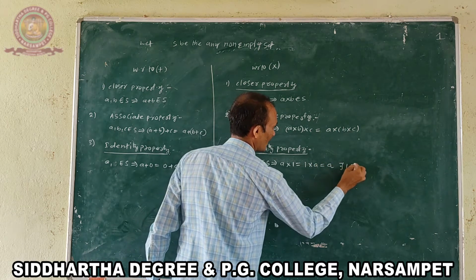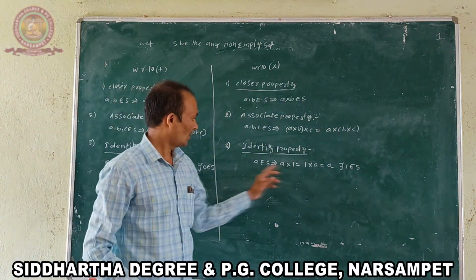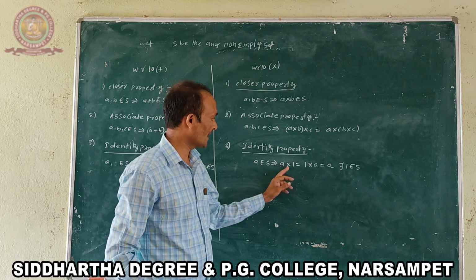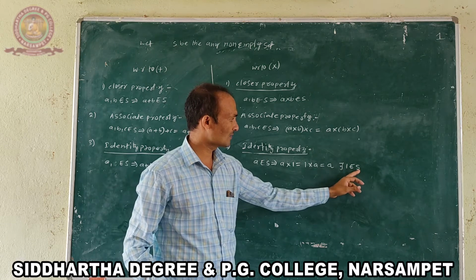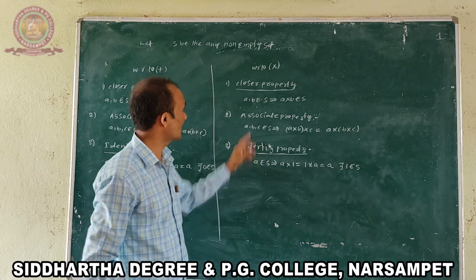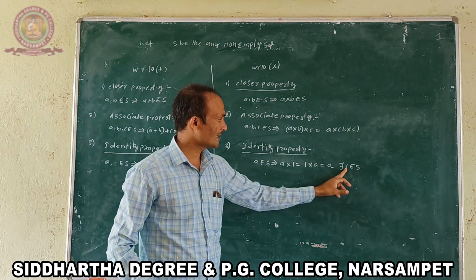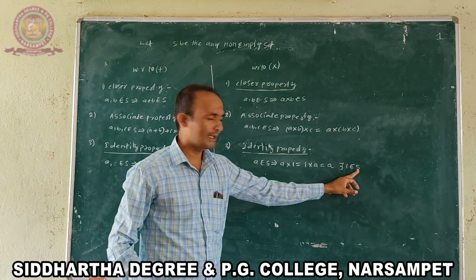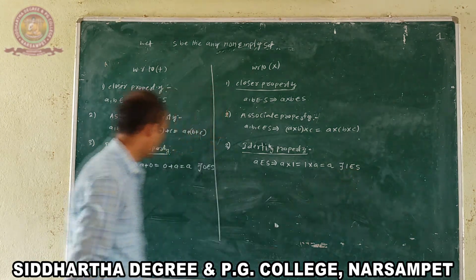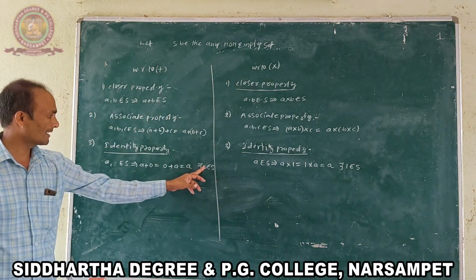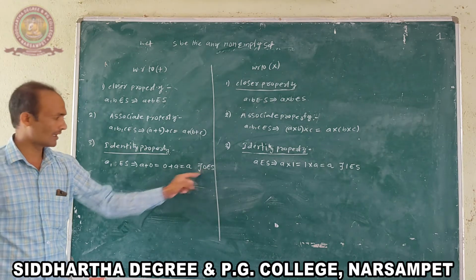There exists 1 belonging to S. So S satisfies the identity property with respect to multiplication. Here 1 is the multiplicative identity in S, and here 0 is the additive identity in S.